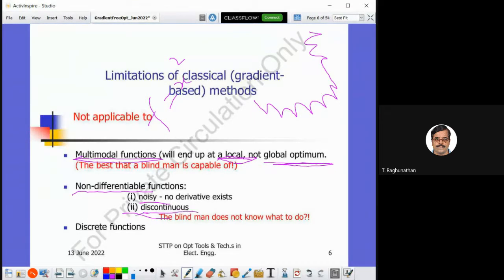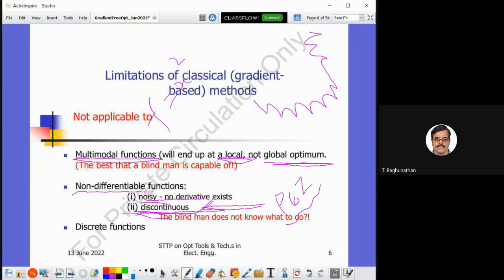So that is noise. If the function is discontinuous, we are very interested in this because that applies very much to us. In electrical engineering, in economic dispatch problems, generators having prohibited operating zones is very common.